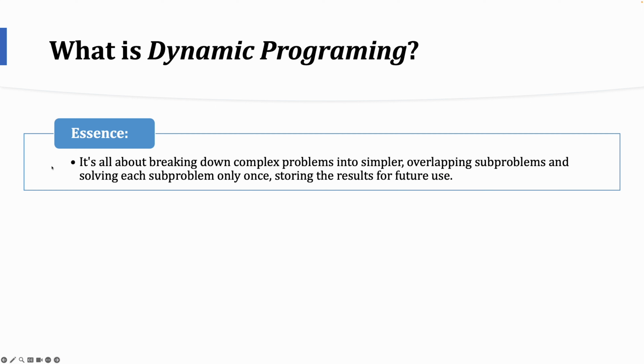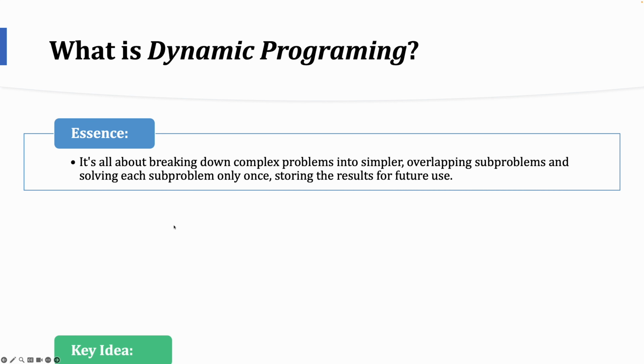Okay, so this definition that I just mentioned for dynamic programming is just going to set the stage for us. And it's perfectly fine if it doesn't make perfect sense to you right now. We're going to make sure that we uncover the terms that we use in this definition in a lot more detail later in this video.